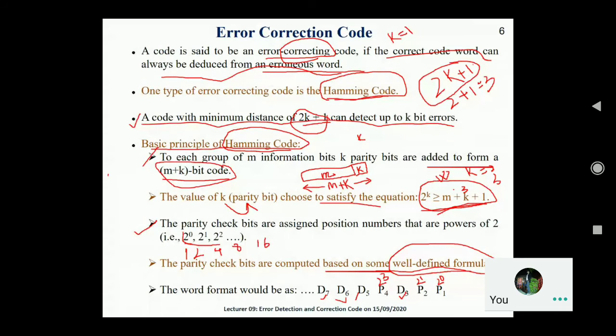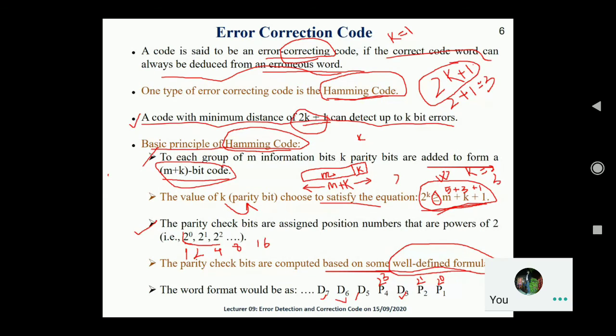So what is the value we can insert for m to satisfy this condition? 4, greater than or equal. So obviously 5. If we are using 5 plus 3 plus 1, this one is already plus 1, that time what happened? 5 plus 3 plus 1 means how much? 9. And the k value is 3.